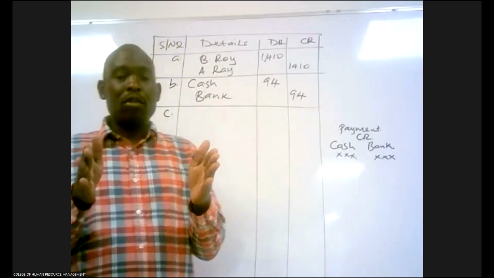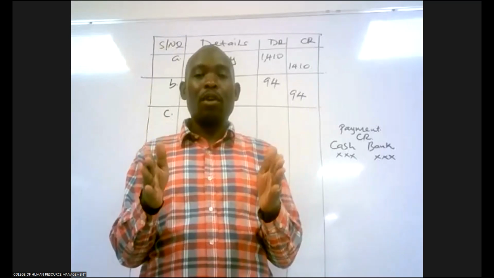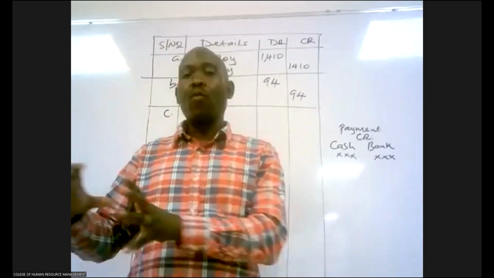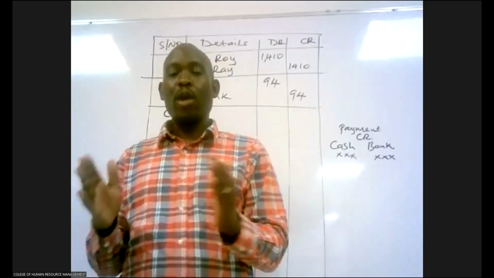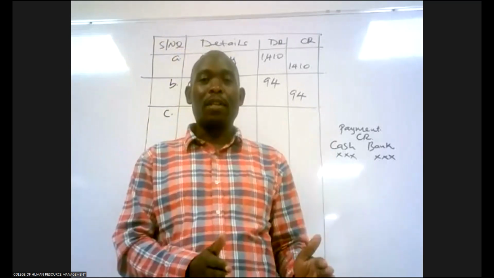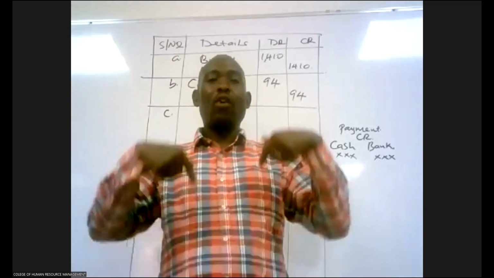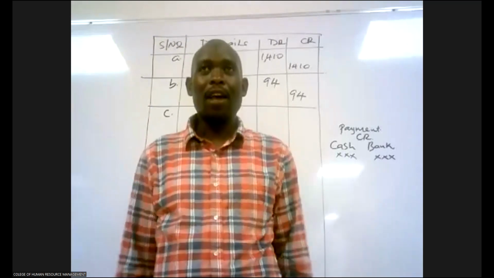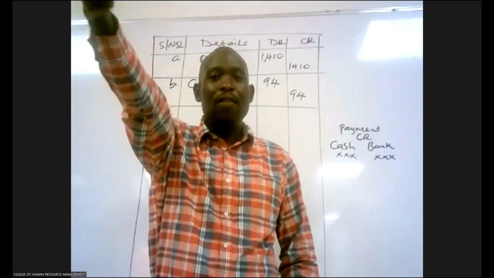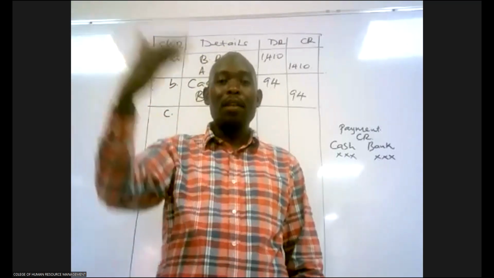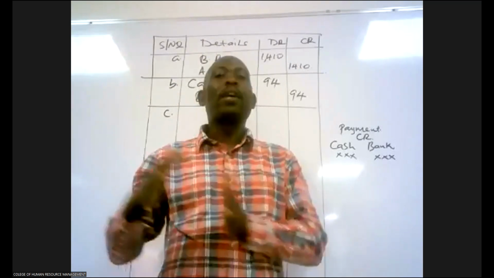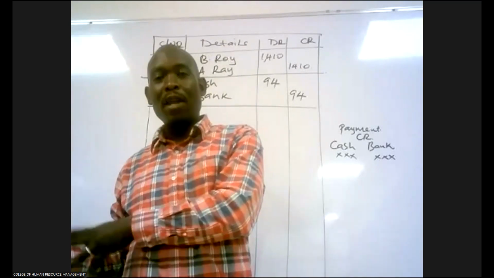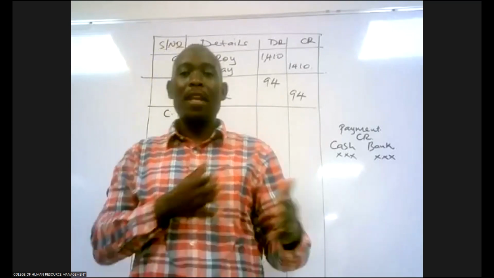So in the cash book, when we pay, we credit cash or bank. When we receive money, we debit cash or bank. But at the back end of the bank, they do the opposite. When money is received in your account, they will credit. And when money is paid out of your bank account, they debit.